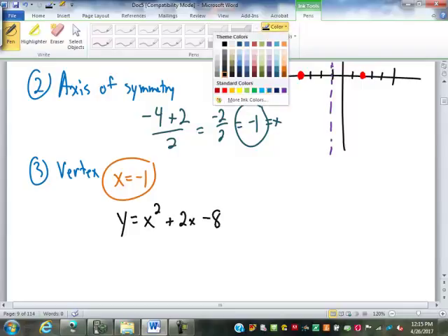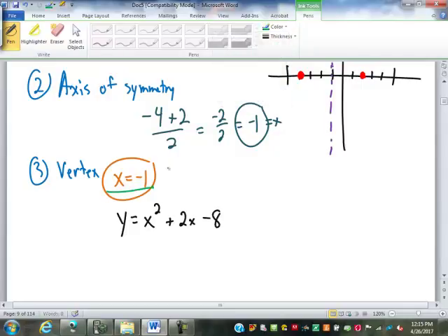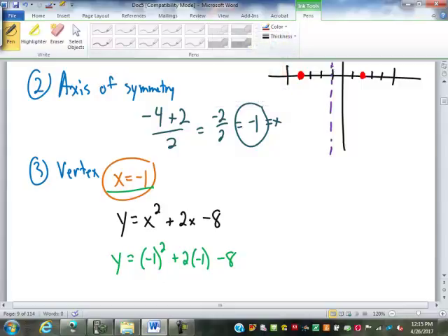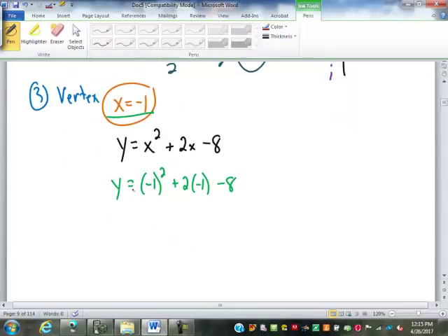And I replace x with -1. y equals -1 squared plus 2 times -1 minus 8. And now it's just order of operations on the right side there. -1 squared is 1. 2 times -1 is -2. And minus 8.